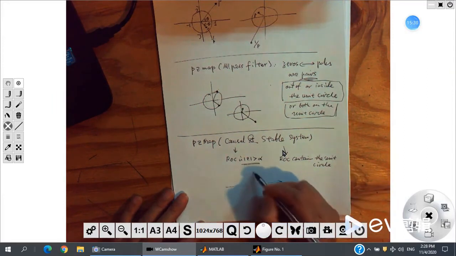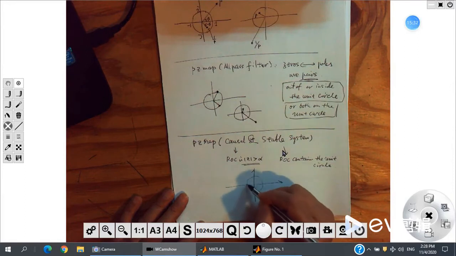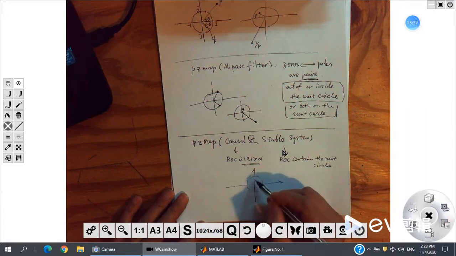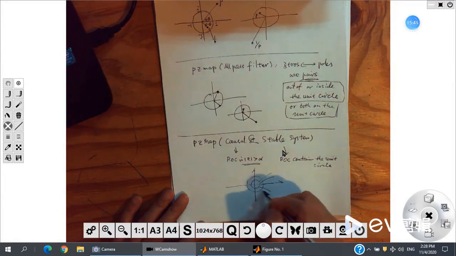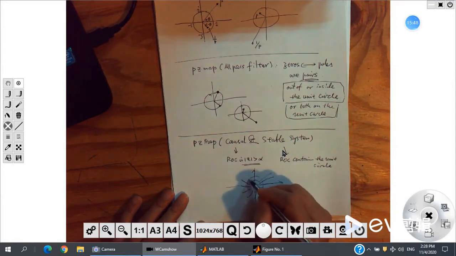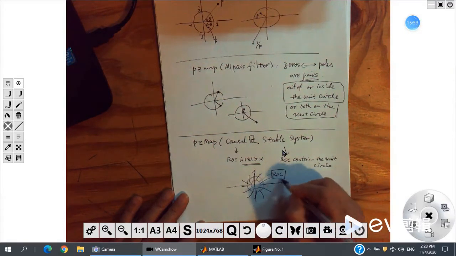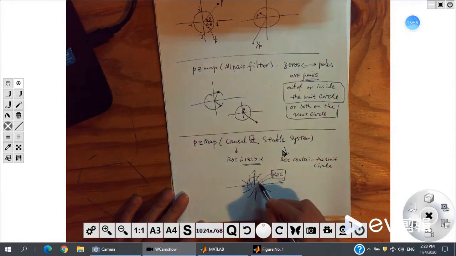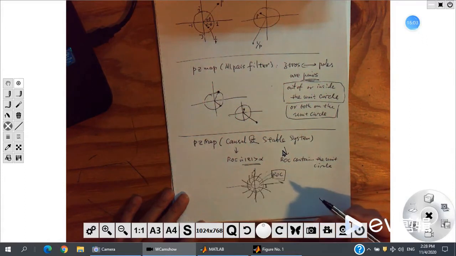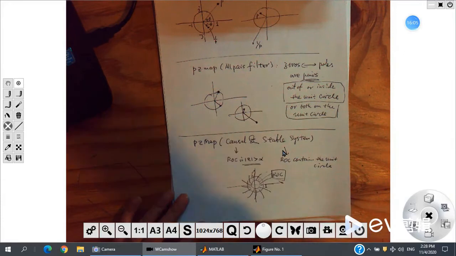You can see you have a unit circle, and this will be a part of the ROC, and ROC will be larger than some alpha. So the alpha must be a number inside the unit circle, making the ROC look like this. This is ROC, right? It must be an area that looks like this. It's larger than some number and contains the unit circle. Here's 1, here's j, and here's a unit circle. So we always have things look like this.